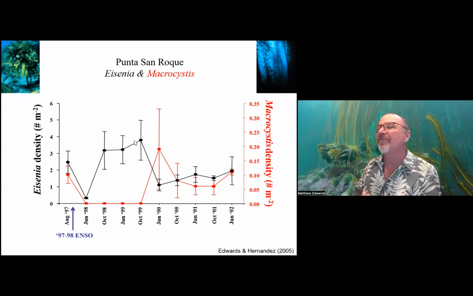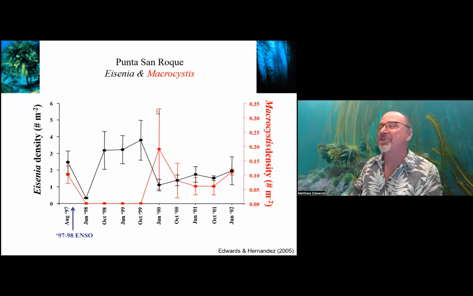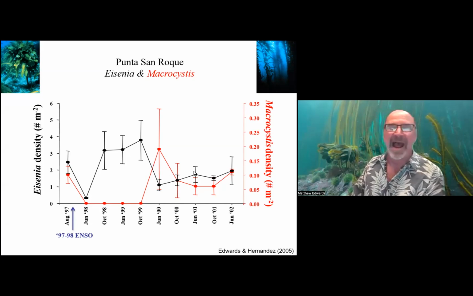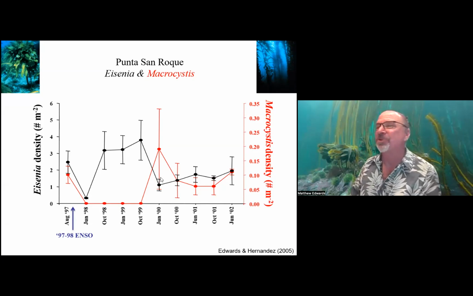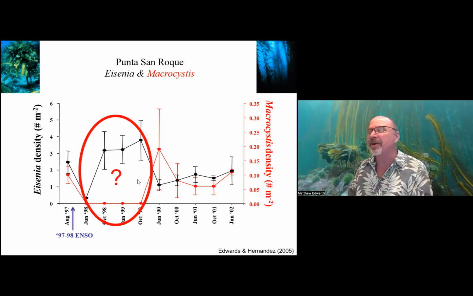Well, Eisenia recovered, and it appeared to exclude Macrocystis. At some point, after a couple of years, Macrocystis began to recover. It showed big variation among sites. It was recruiting into patches, and it began to exclude Eisenia, such that about 2 years after all of this, these populations returned to their pre-ENSO density. So what was going on during this period here?